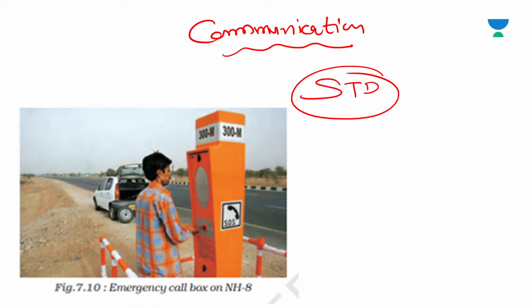In order to strengthen the flow of information from the grassroots to the higher level, the government has made special provision to extend 24 hours STD facility to every village in the country. So there is a uniform rate of STD facilities all over India, and it has been made possible by integrating the development in space technology with communication technology.